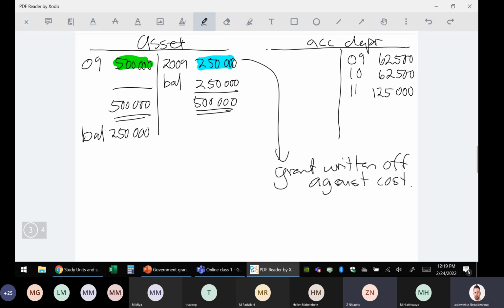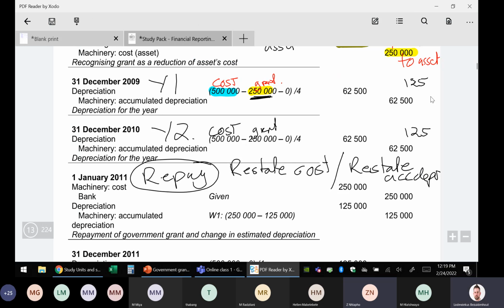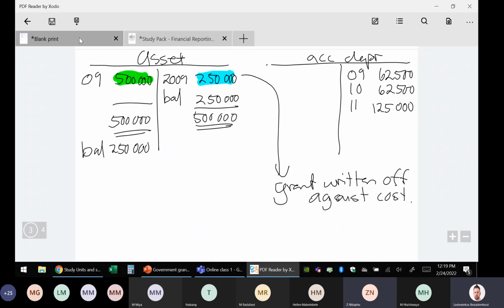All right. So the 250,000 depreciable amount divided by our 4 years gives us depreciation of 62,500. So that is year 1 and year 2 depreciation, 62,500 and 62,500.